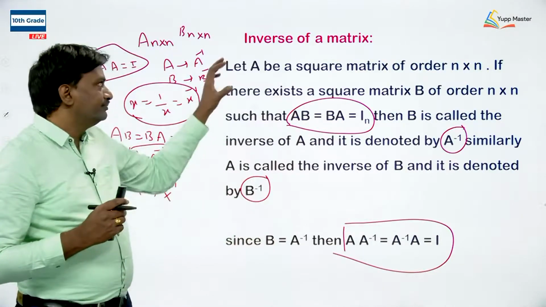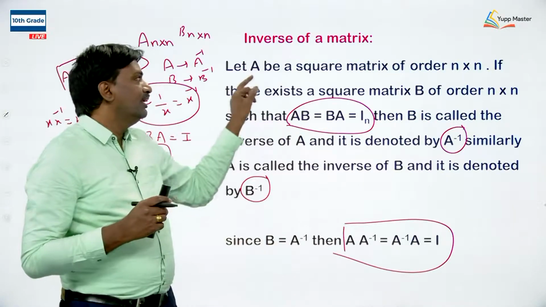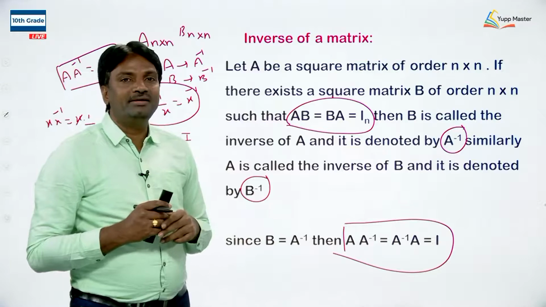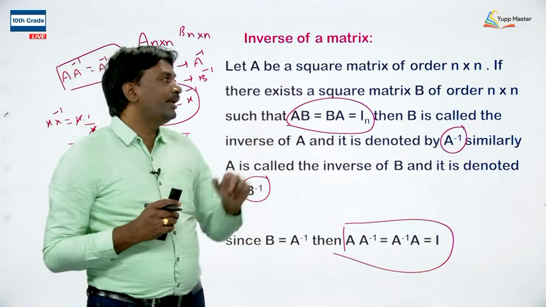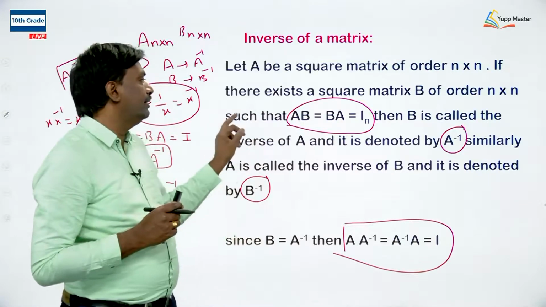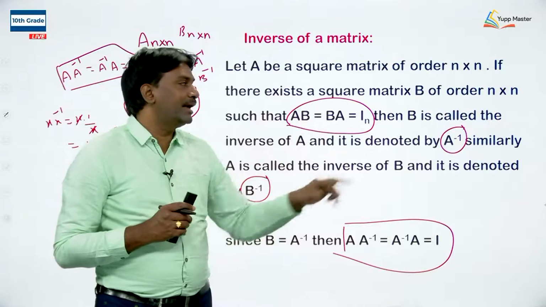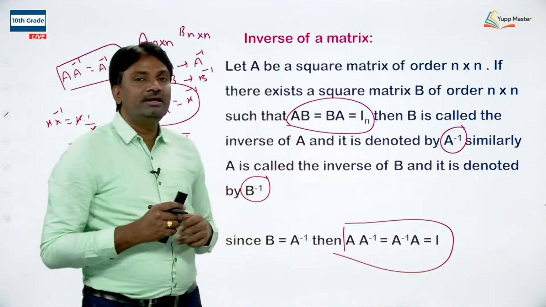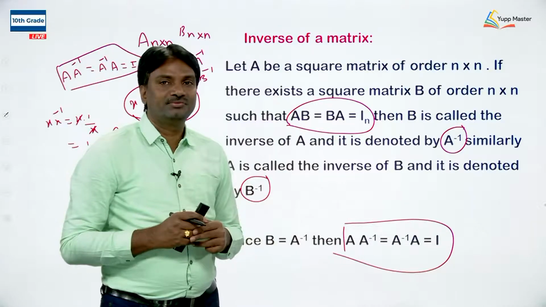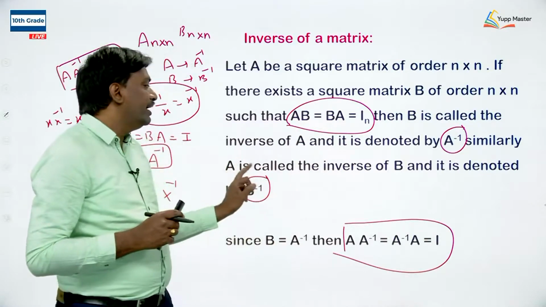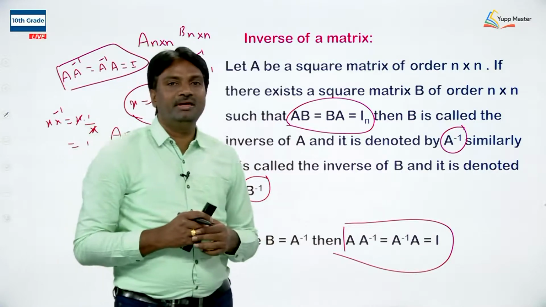So, the definition of the inverse of a matrix is: let A be a square matrix of order n by n. If there exists a square matrix B of order n by n such that AB equals BA equals In, then B is called the inverse of A and it is denoted by A inverse. Similarly, A is called the inverse of B and it is denoted by B inverse.